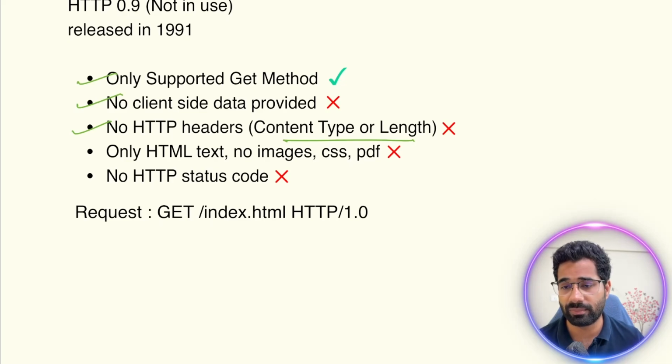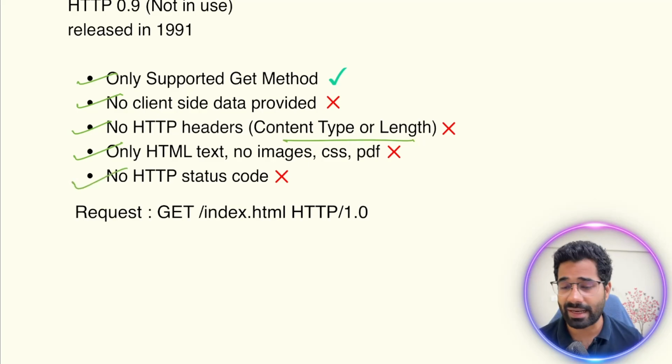Only HTML text was allowed to be sent as raw bytes as a response from the servers, and no other file types were supported. So images, CSS, PDF can't be sent from the servers to the clients. And the servers were not able to send the HTTP status code as part of the response, so whether it was a success or an error scenario could not be conveyed.